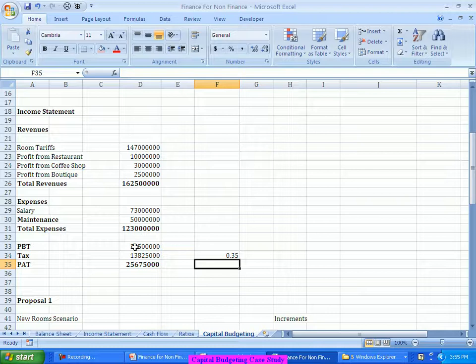So even the revenues and the expenses and the profits, I will look at only the extra. So if someone has suggested build 100 more rooms, revenues I don't need to compute of 300 rooms. I'll compute only for that extra 100 rooms.